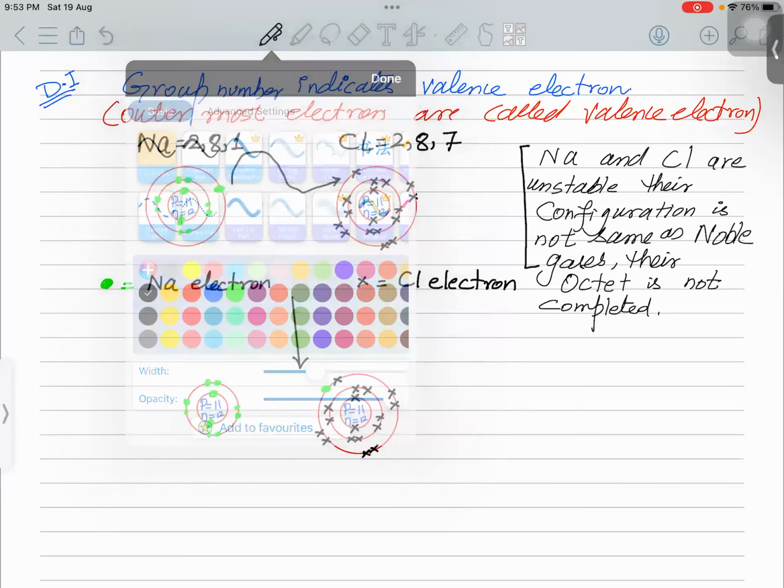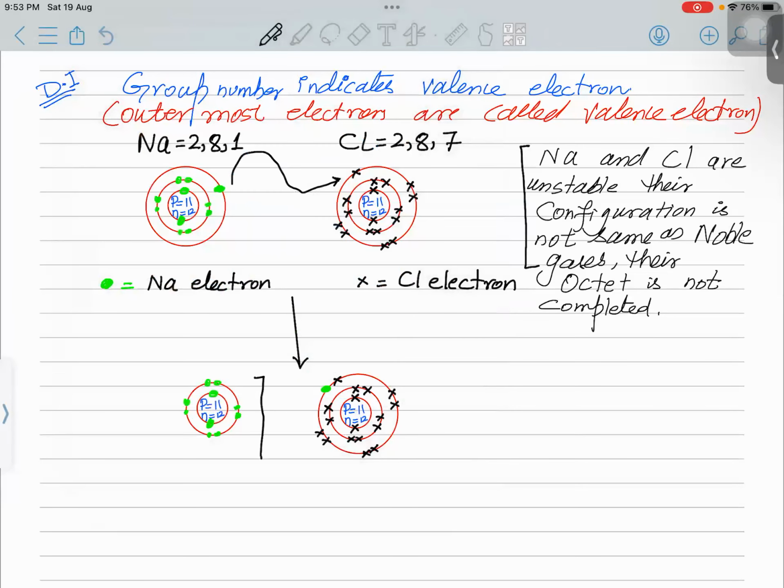So now you can see that sodium has one more proton, so it carries positive charge. Similarly, chlorine has negative charge because one electron is added.